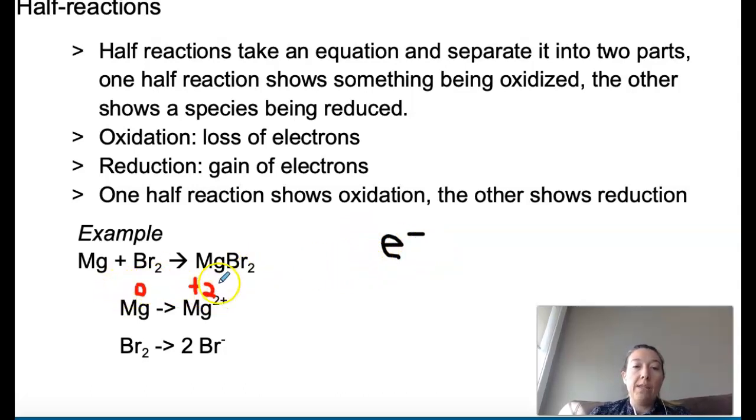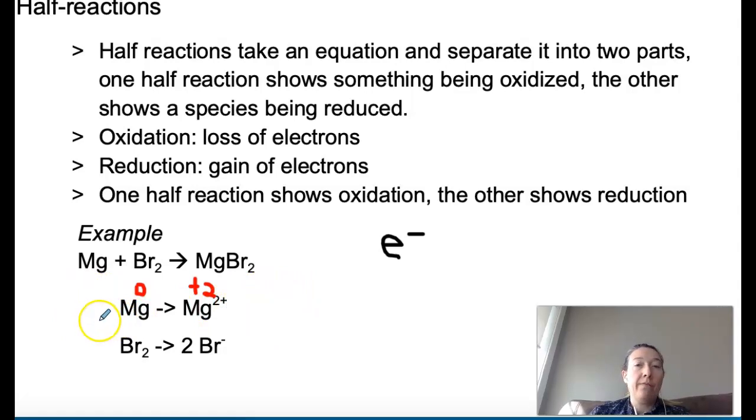So if we look back at this magnesium example, right now I have a 0 and I have a +2. So if I were to add electrons on this side, right, usually you guys are pretty good at being like, I know I need 2 electrons, right, because I have 0 and +2, so I need 2 negative things. But generally where you guys struggle a little bit, especially at the beginning, is knowing, should I put it over here or should I put it over here?